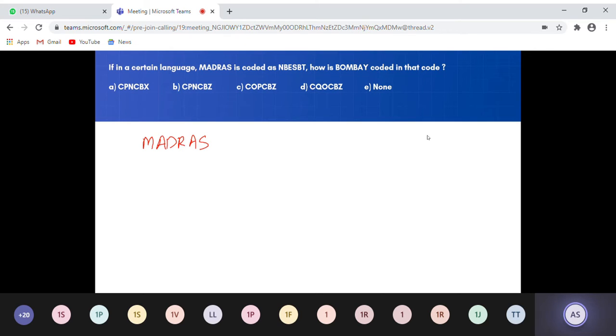Option B. Good. So when you're solving any coding and decoding questions, don't write it like Madras is coded as NBESBT. Then the mapping becomes tough.